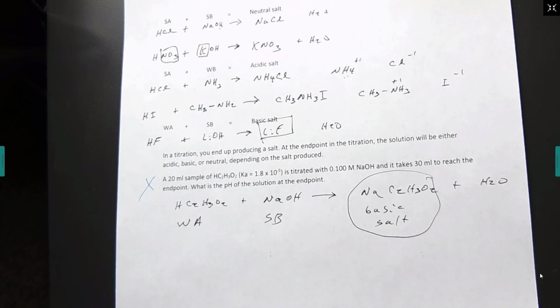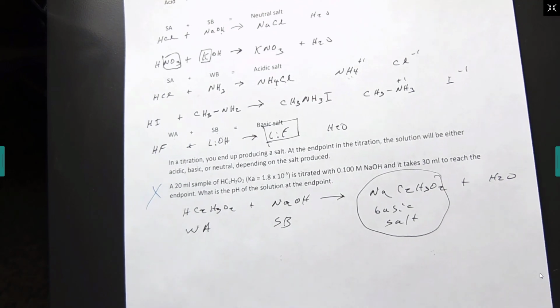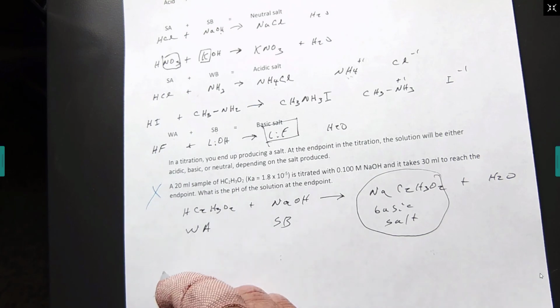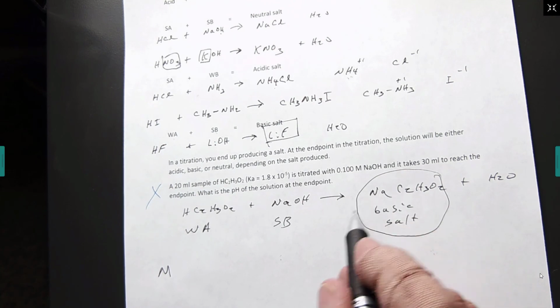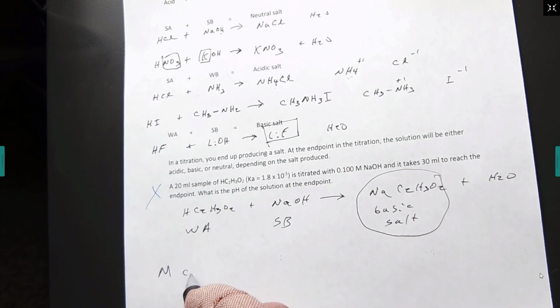If you wanted to know the actual pH, oh boy, okay, how do you deal with that? Well, if you know the molarity of your sodium acetate, and instead of doing it I'm going to drop the sodium off here and just do it as C2H3O2 minus 1. That's the acetate ion. That's the part that makes it basic.